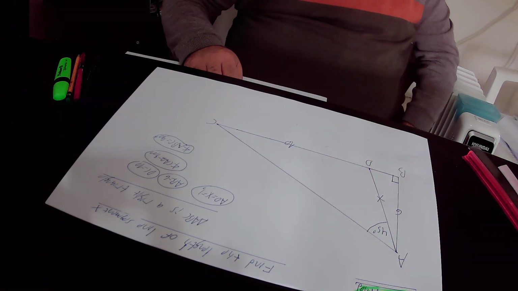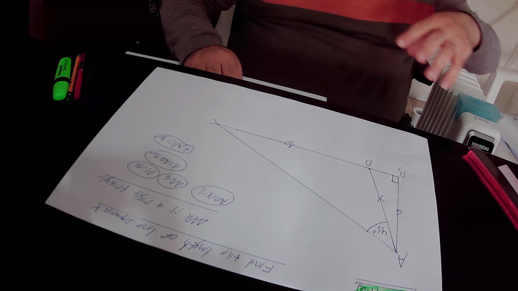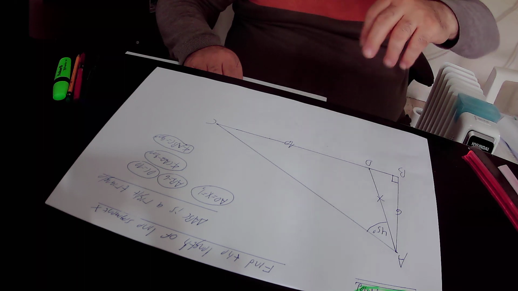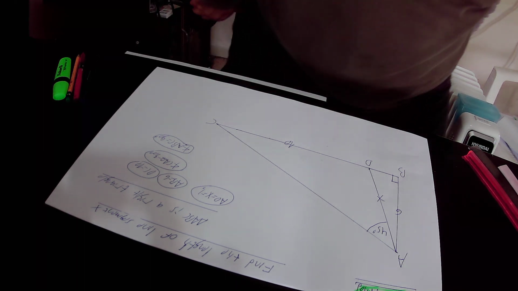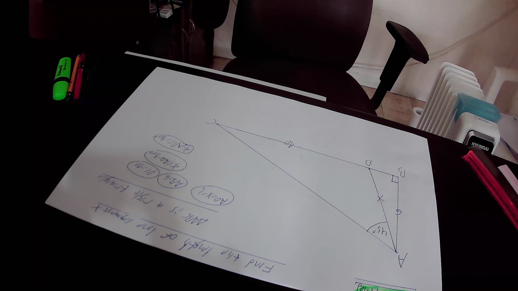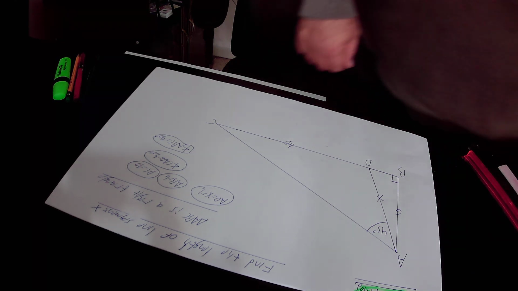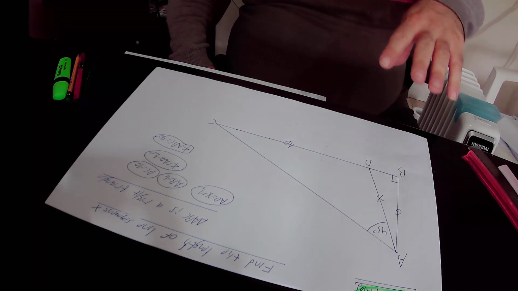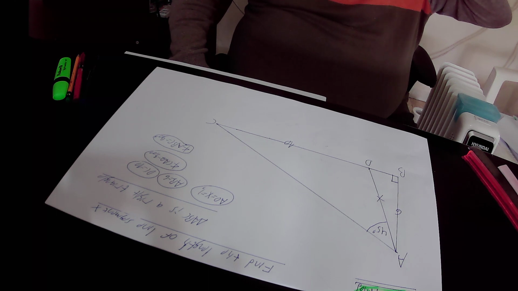In the drawing we have a right triangle ABC.